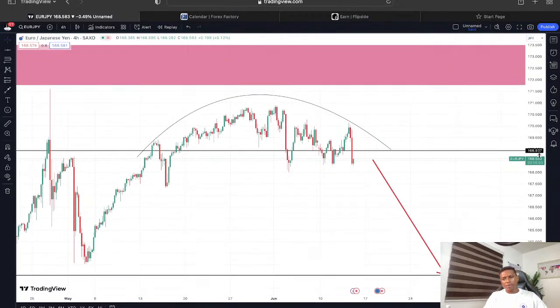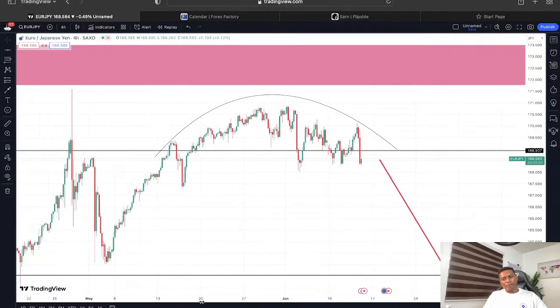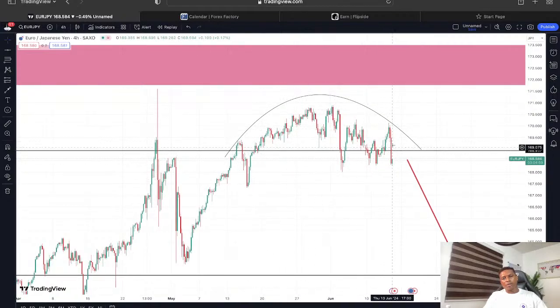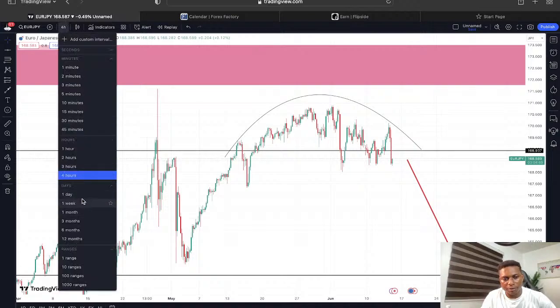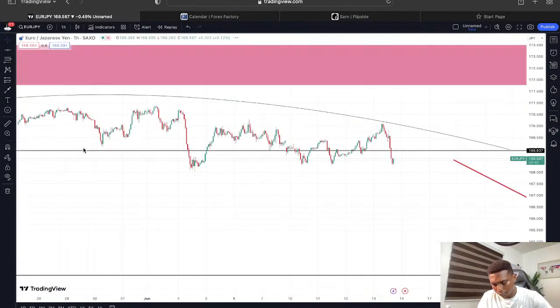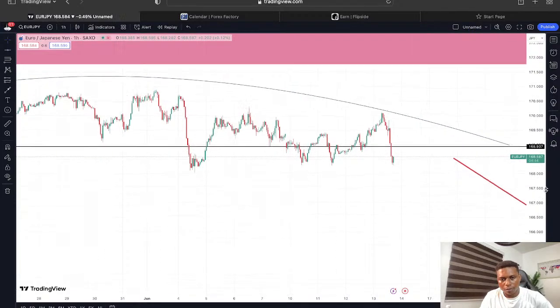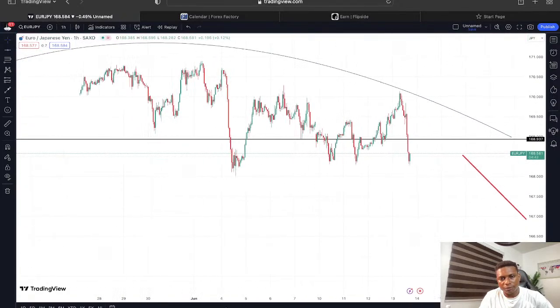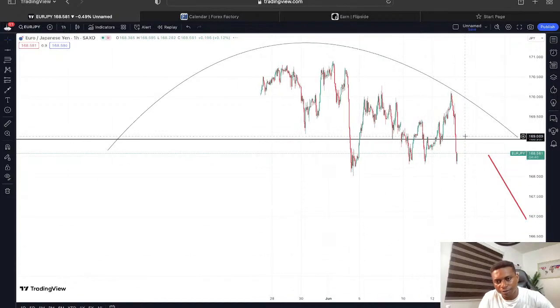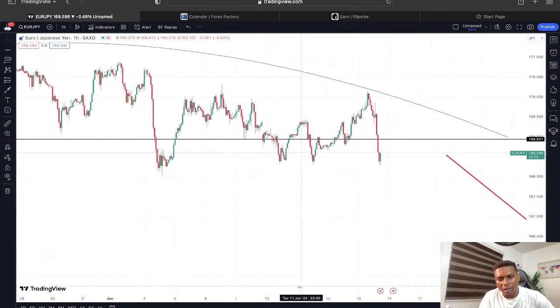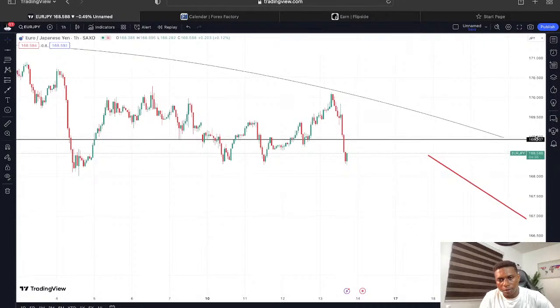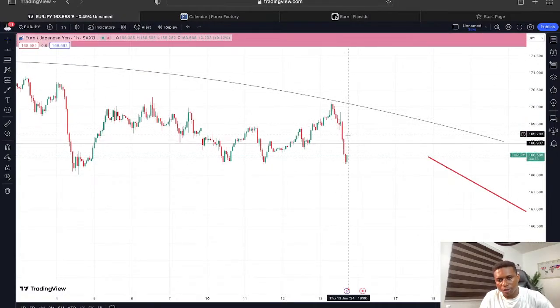That tells you the level of sell pressure coming in on Euro JPY. And then when we look at the 1 hour time frame, likewise, the bearish momentum is obvious.